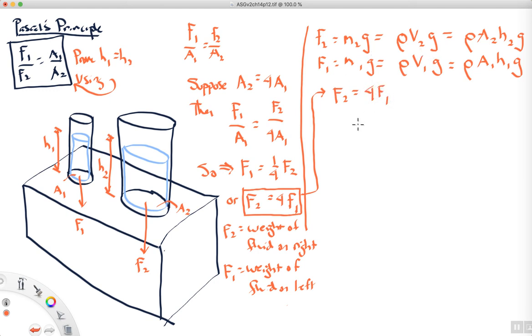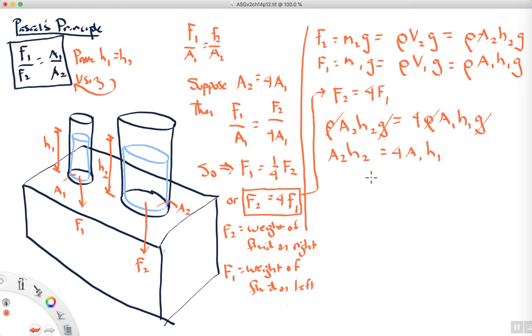Well, we just said F2 is the density times area 2 times H2 times G, and on the right, this is 4 times the density times area 1 times H1 times G. Notice the G's cancel out, the densities cancel out, and we're left with A2 H2 equals 4 A1 H1.